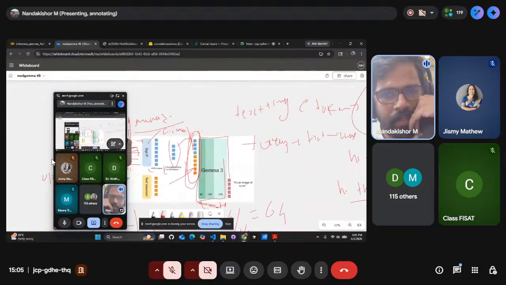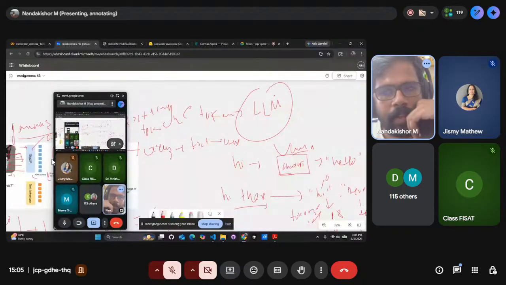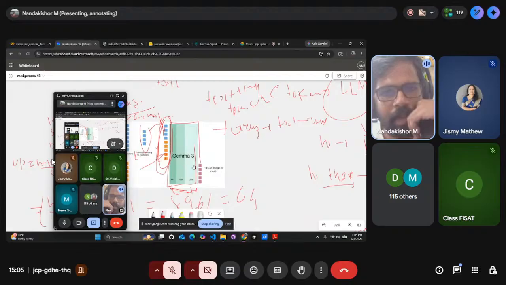It is kind of combining into the common embedding space, and moreover the dimensions will be equal and can be easily added together. Your text token is added with the image token, fed to the large language model, and you get the output. So the image text token means the query.